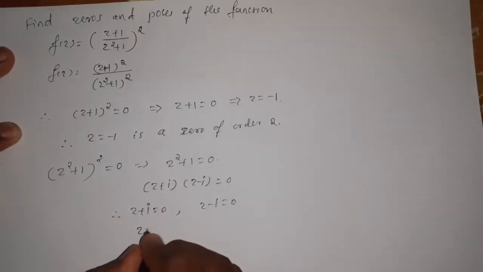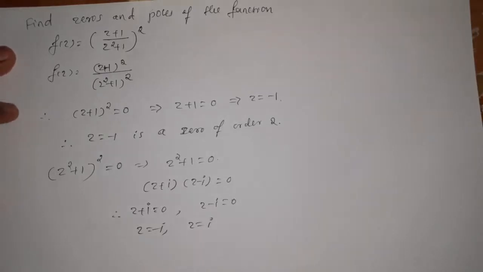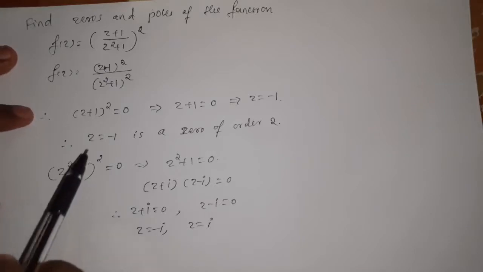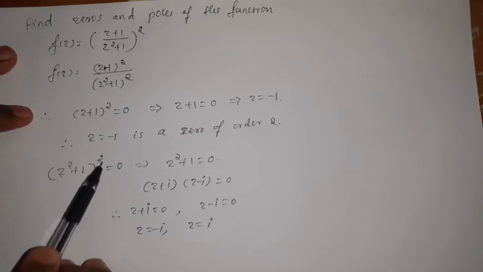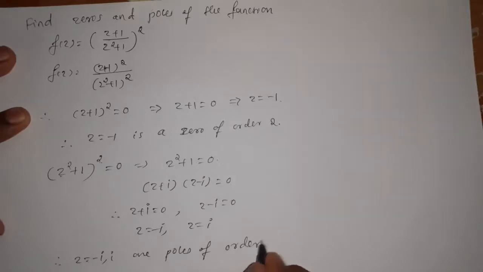Here z equal to minus i and z equal to plus i. So these two are the poles of order 2, because the power of z square plus 1 is 2. So therefore z equal to minus i and plus i are poles of order 2.